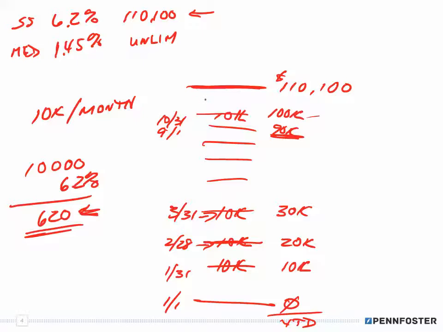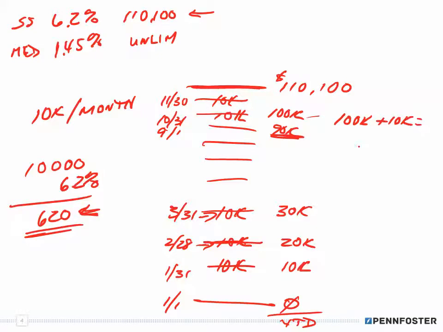November, 30 days out, September, April, June, and November. So in November, you're paid an additional 10,000. Okay. Well, how much of that 10,000 is below the 110,000? Well, all of it, because you had a year-to-date wage of 100,000 and you were paid an additional 10,000.